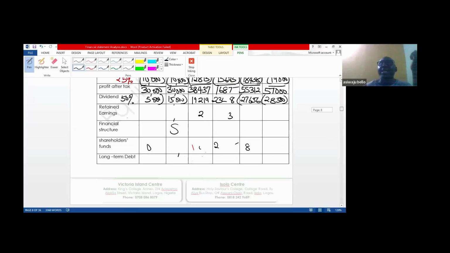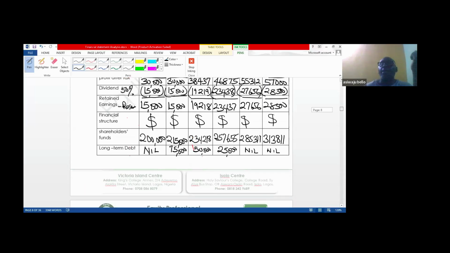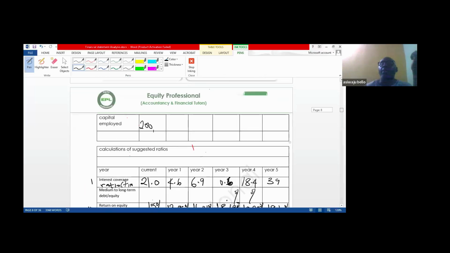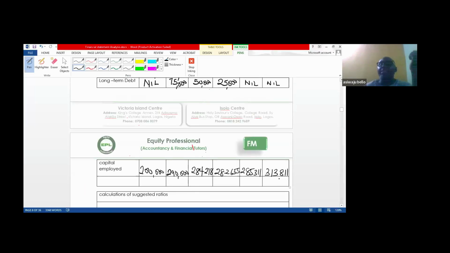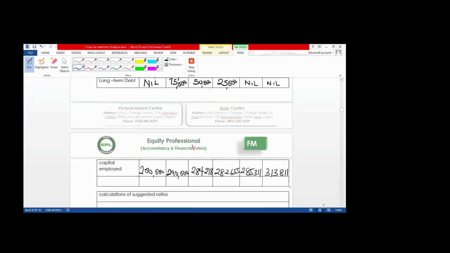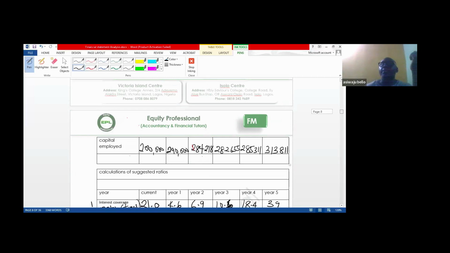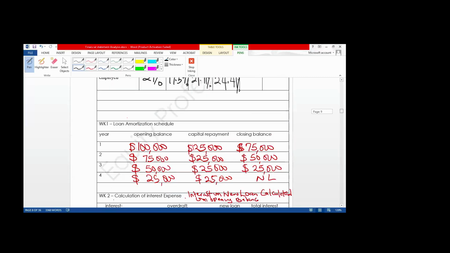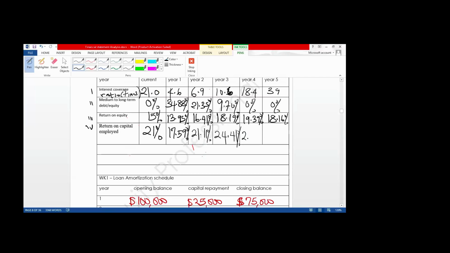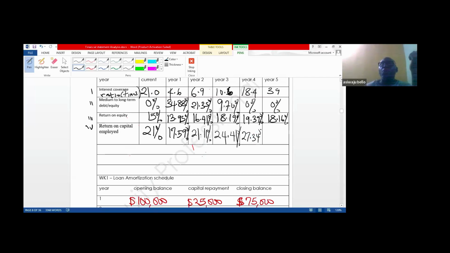78,000 divided by 313,811 is 24.86%. 27.34, 24.86.